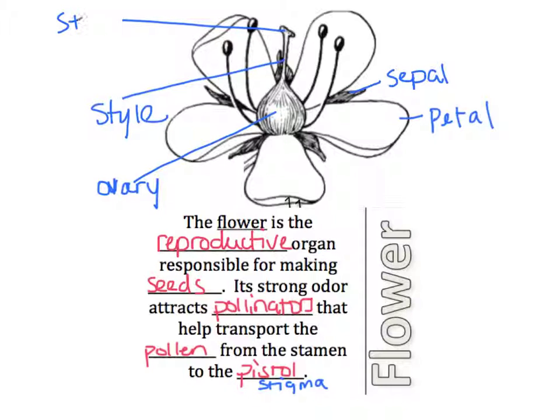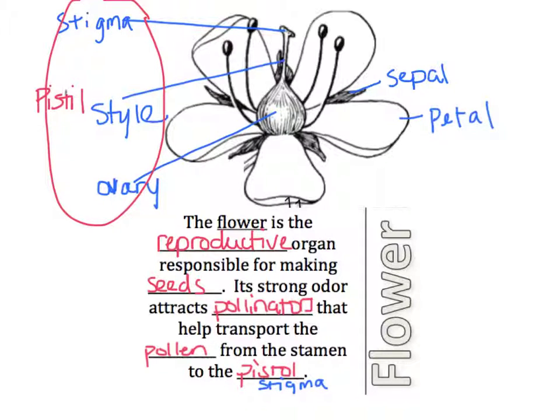The stigma. Now all together, those three pieces make up the pistil. Good. And if you want to put that on there, I would highly recommend it. It is the female part.